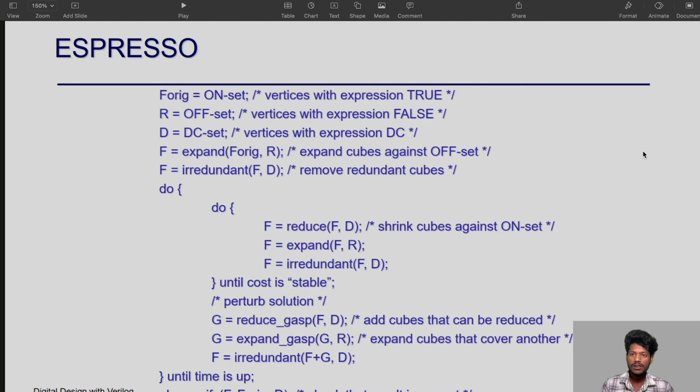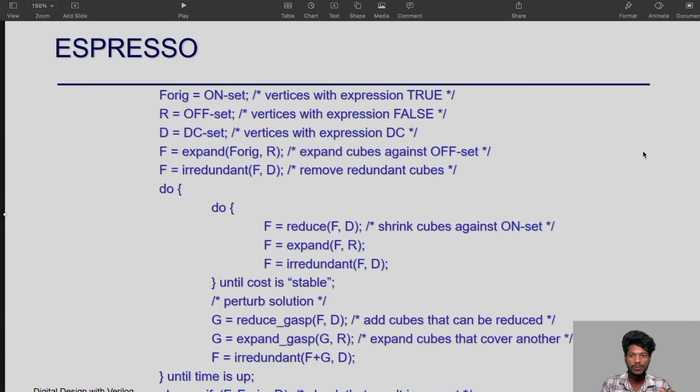Coming to the ESPRESSO algorithm, I am going to explain how it works. First, we have the original function, which contains the onset. In that onset we have prime implicants, given by the expression, for example 1 1, which we got through the K-map.